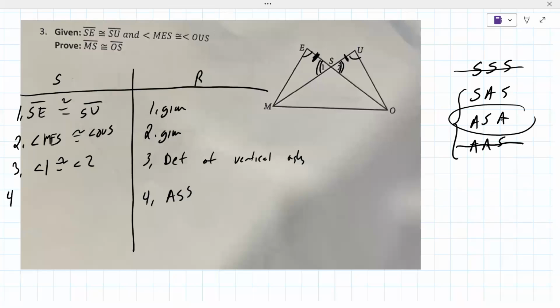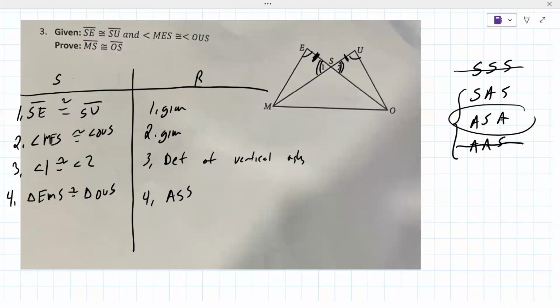So now give me the triangles. What are the triangles that are congruent this time? EMS, E U O S. Triangle EMS congruent to triangle OUS.